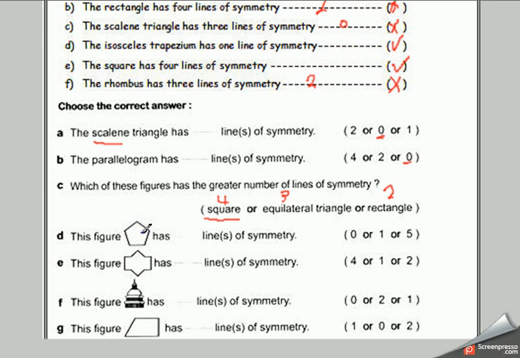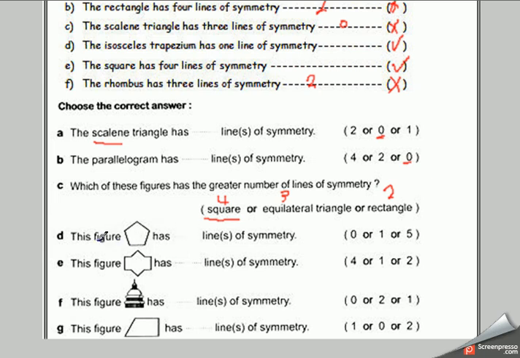Regular means that all angles are equal in measure and all sides are equal in length. So the regular pentagon has 5 lines of symmetry. The regular hexagon has 6 lines of symmetry. The regular heptagon, because all angles are equal in measure and all sides equal in length, has 7 lines of symmetry.